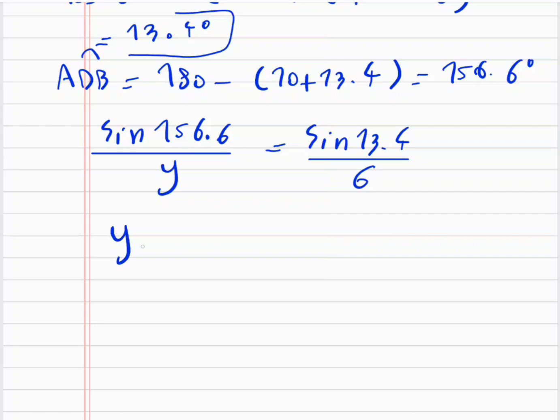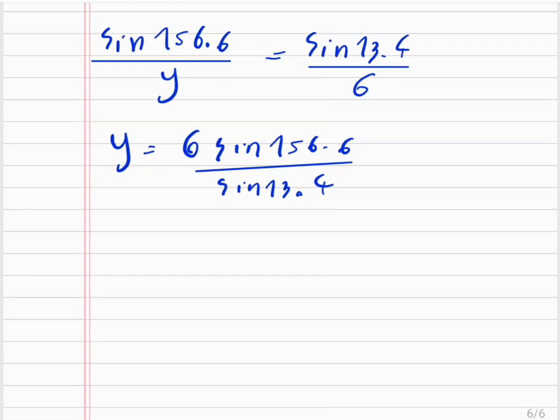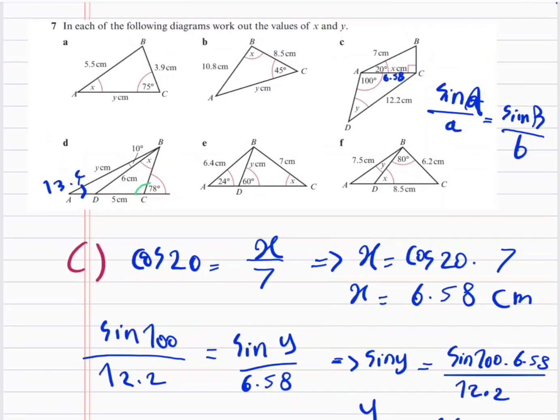Alright, so we rearrange this and we have 6 times sine 156.6 over sine 13.4. And finally, the value of y is equal to 10.3 to 3 significant figures. I think it's in centimeters.